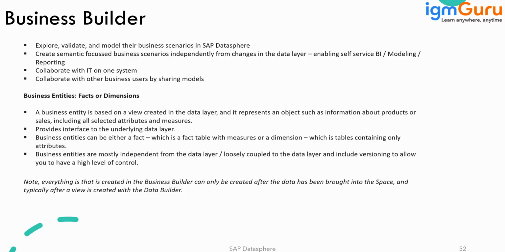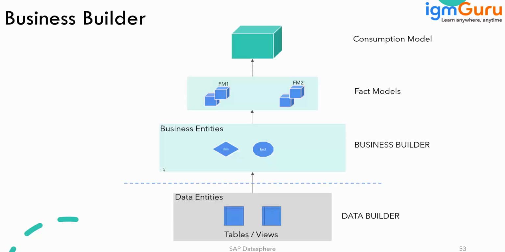Without changing the underlying data objects, they can very well make some modifications in the business builder with the business entities. And they can have multiple versions of the same object. Okay, so everything that's created in the business builder can only be created after the data has been brought into the space in the data layer. That's what it is.